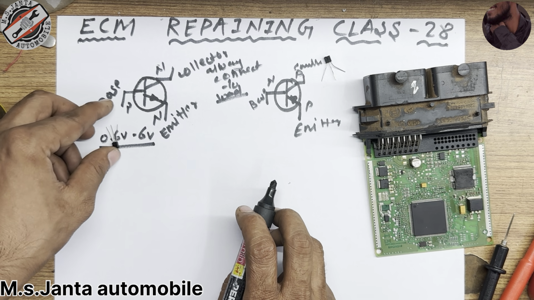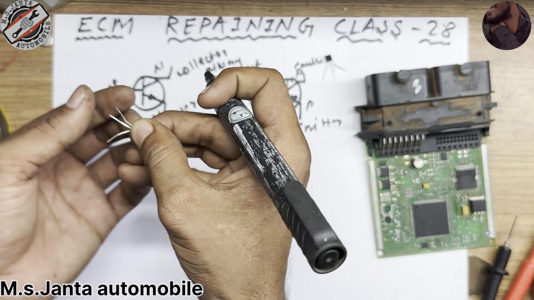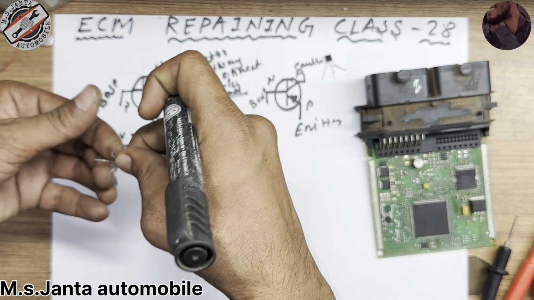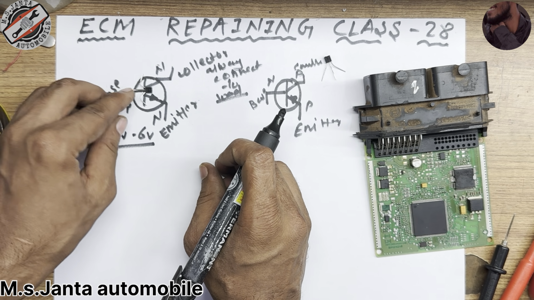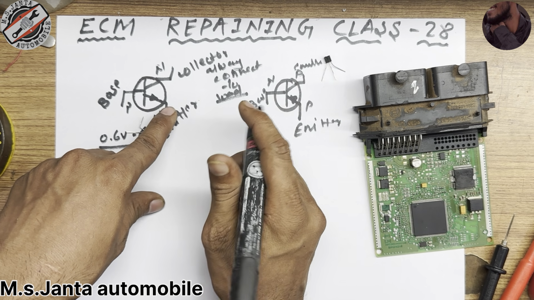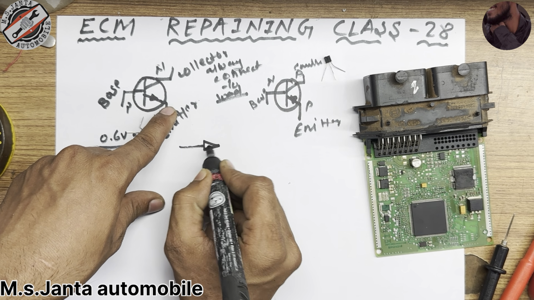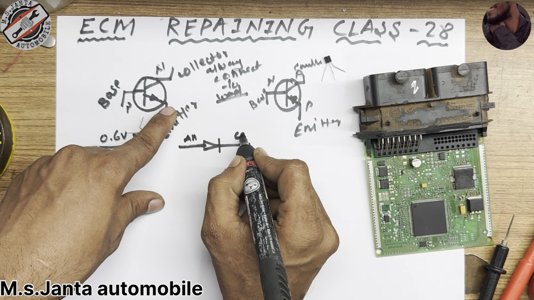And how it works, you can see here. This is the NPN transistor, and I make it like this. This is the diode. In a diode, this is the anode and this is the cathode.